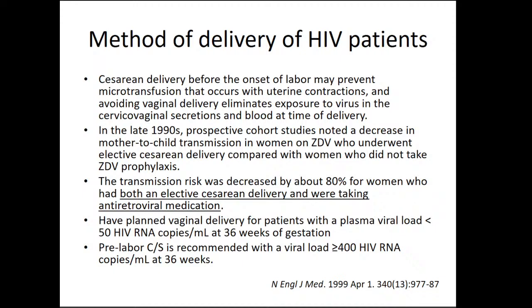So avoiding vaginal delivery eliminates exposure to virus in the cervicovaginal canal, the secretions, and blood at the time of delivery. So the idea to do a caesarean section is very obvious. We want to prevent microtransfusions.